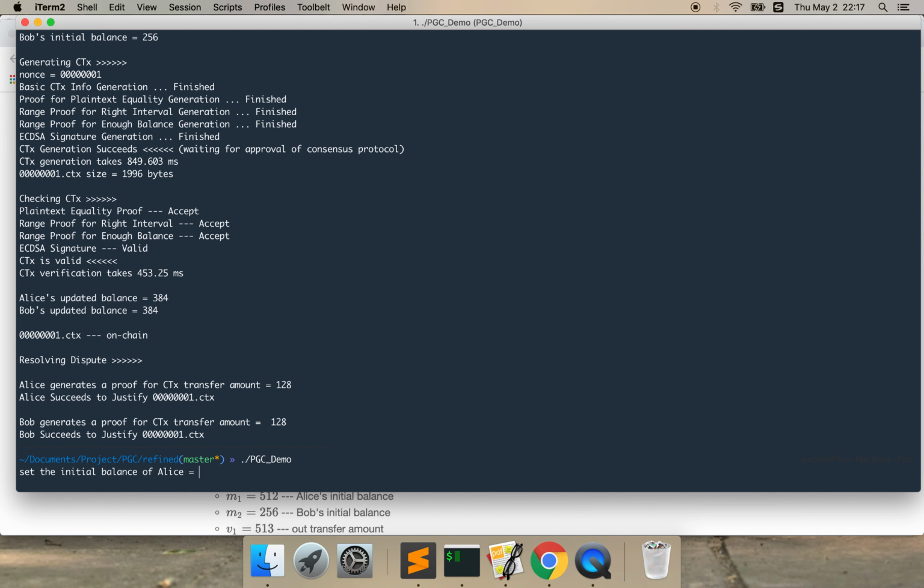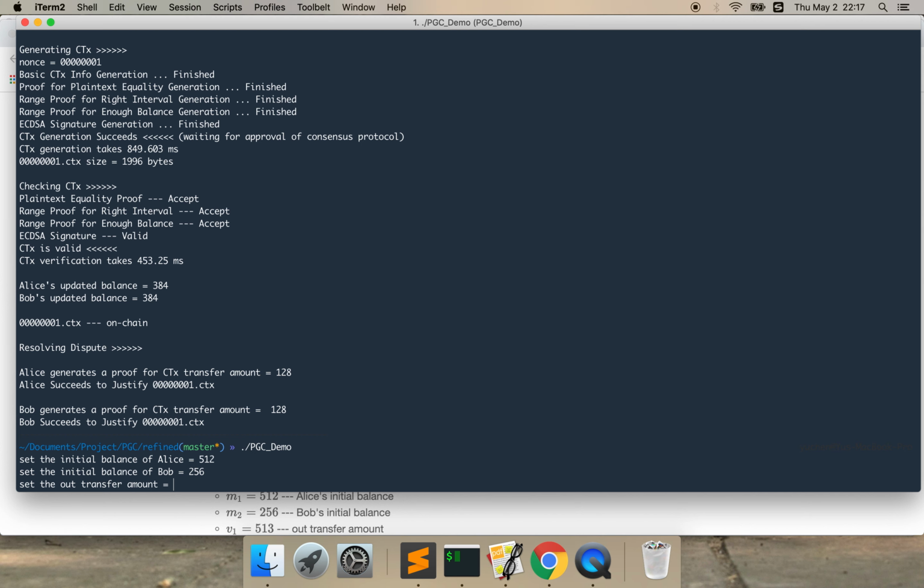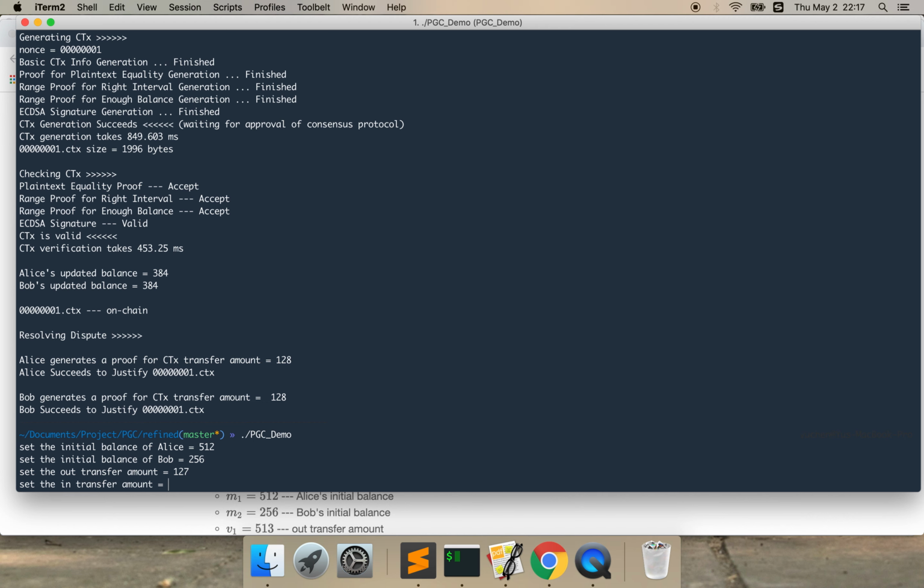Okay, the initial balance of Alice is 512. The initial balance of Bob is 256. We set the out transfer amount to 127, while the in transfer amount is 128.